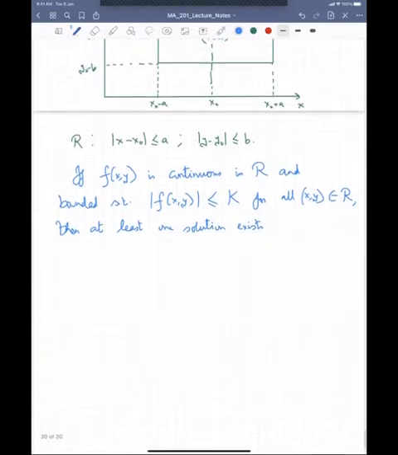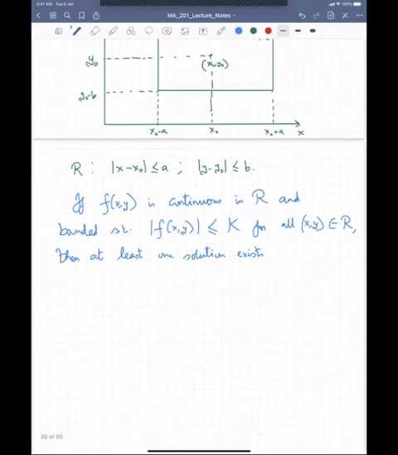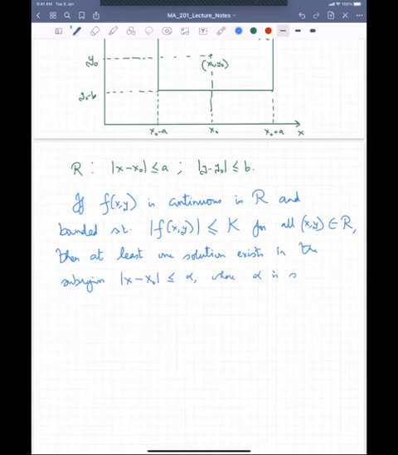So how do I ensure that I'm only talking about the neighborhood of the initial value point? This is what the theorem states explicitly. At least one solution exists in the subregion absolute value of x minus x0 less than or equal to alpha, where alpha is the smaller of a and b over k.